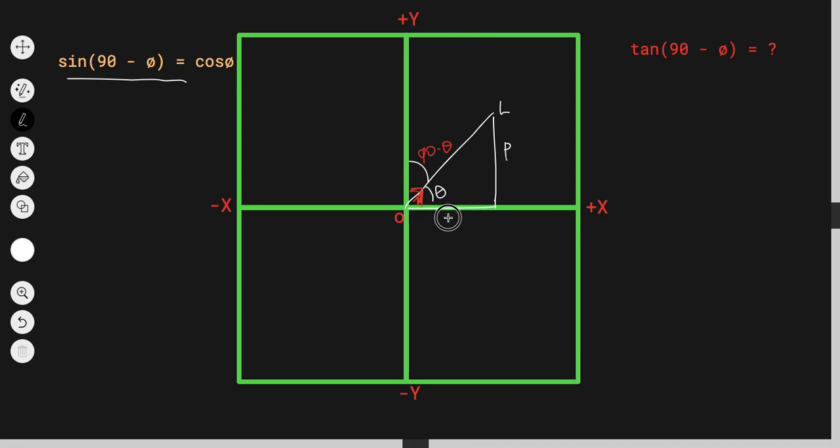Let the base be denoted by B, and let us call this point Q. So we have triangle OLQ, with the length of OQ as B, the length of QL as P, and the length of OL, the hypotenuse, we will call H.